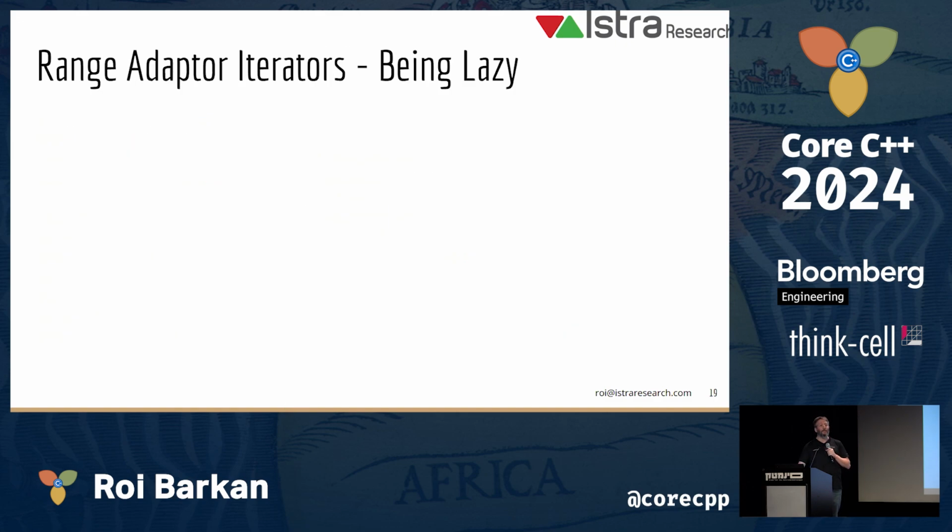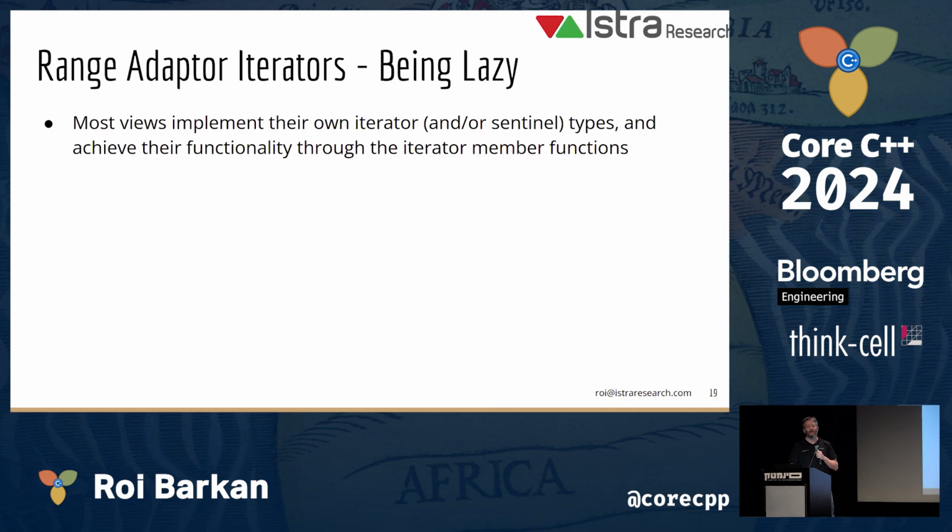Great. So now let's talk a little bit about the heart of writing range adapters. We wrote basically the wrapper, the adapter itself, but in the first example, I didn't really do anything lazy. All the work that I needed to do, I did when calling begin and end. The typical range adapter actually does a lot of its work in a lazy fashion, basically by creating its own types of iterators, and most of the work is done inside the iterators.